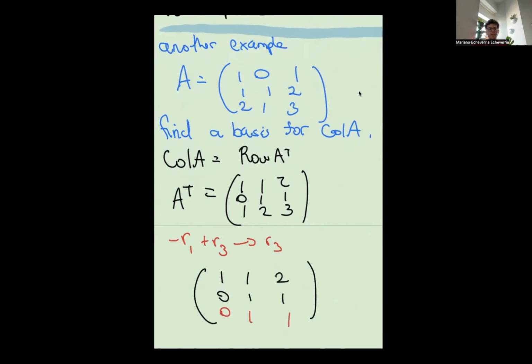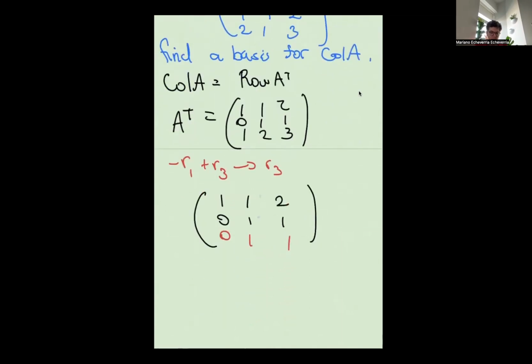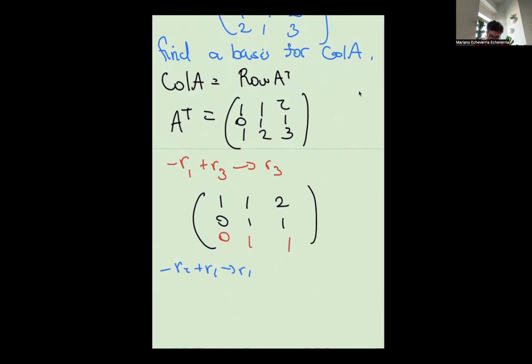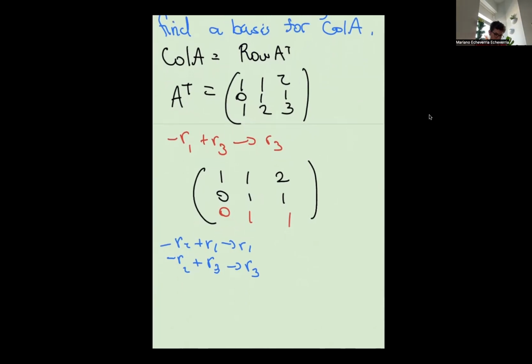Once you get there, it's clear that these two rows are the same, so you can remove the third one. Then we can do another row operation to reduce it even more: minus row 2 plus row 1 into row 1, and minus row 2 plus row 3 into row 3. Okay, that's all you get.